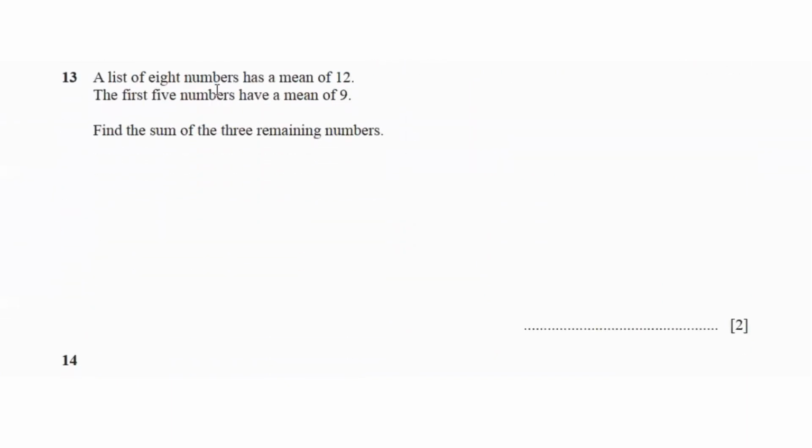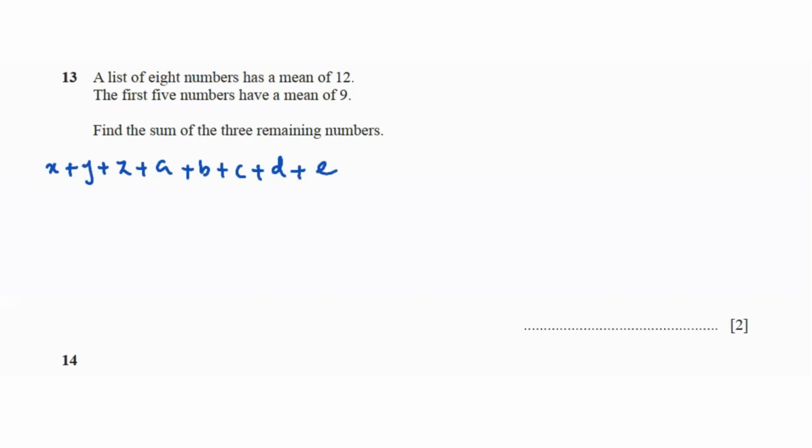A list of 8 numbers has a mean of 12. The first 5 numbers have a mean of 9. Find the sum of the remaining 3 numbers. So x plus y plus z plus a plus b plus c plus d plus e. These are 8 numbers.